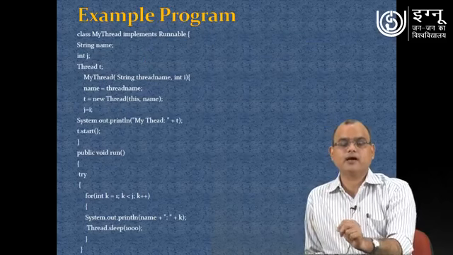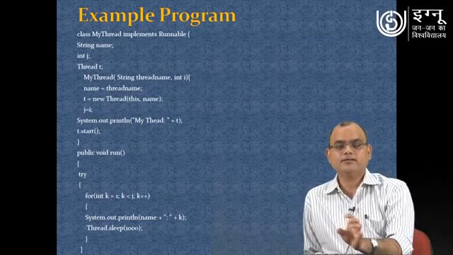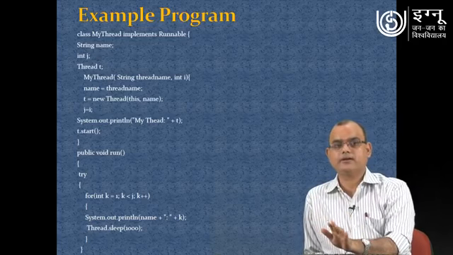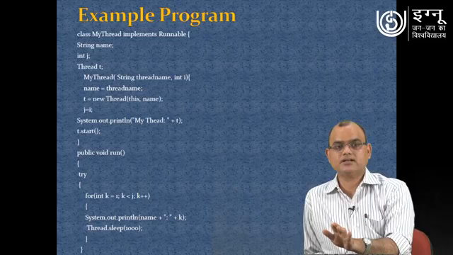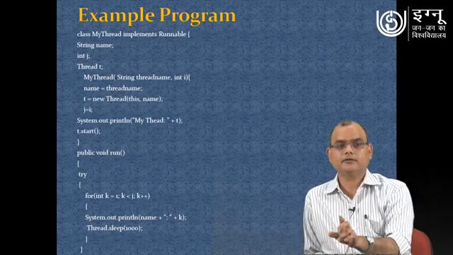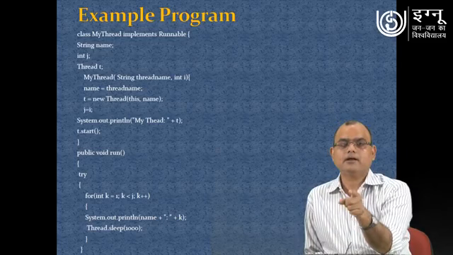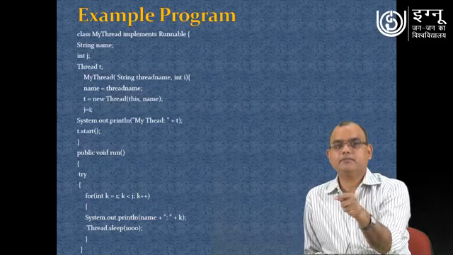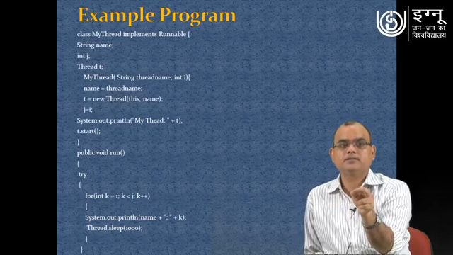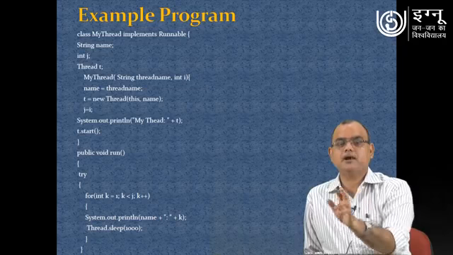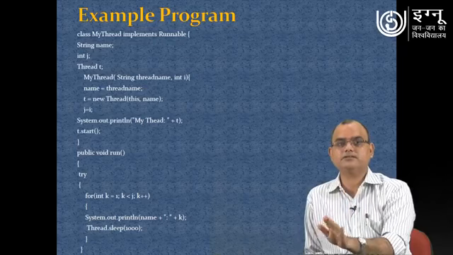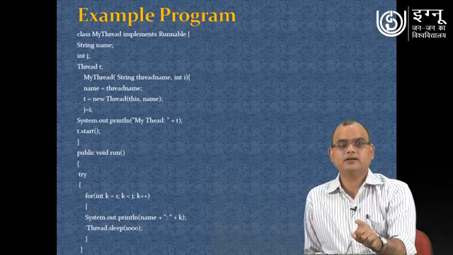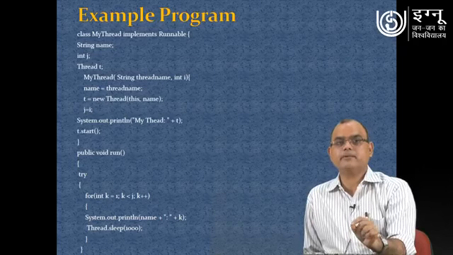This particular program is creating thread using implementation of runnable interface. So in this you can see one class in which we are implementing runnable interface. This class is named as my thread, and that particular implements runnable interface. In this you can see one thing, that is we are having some data member here.